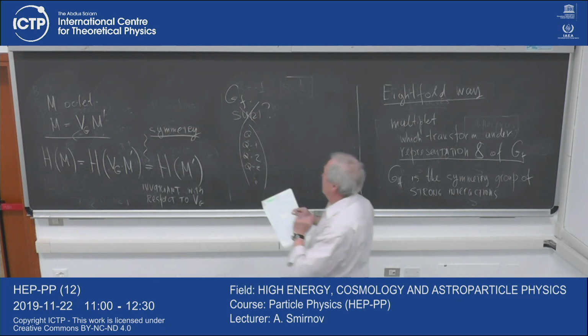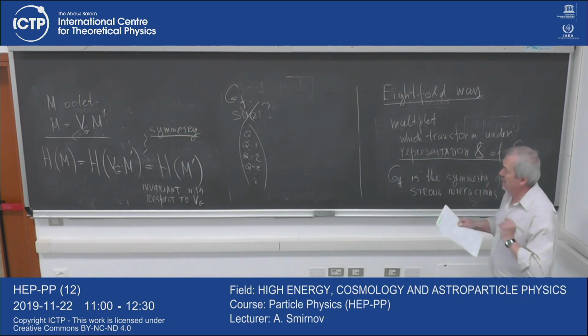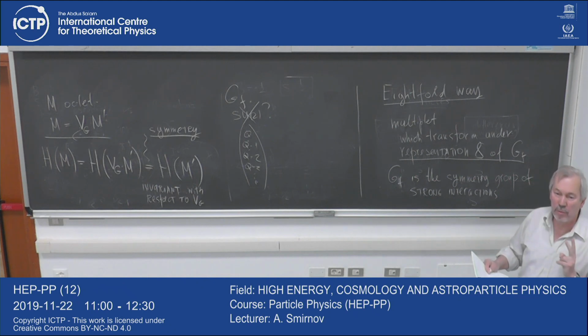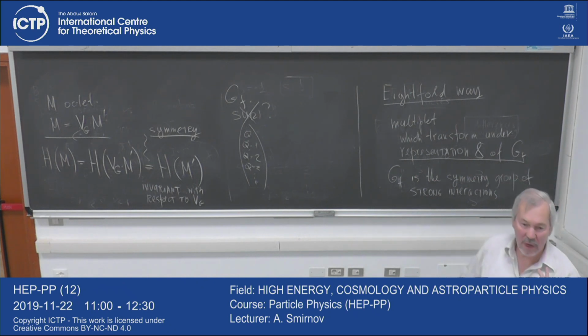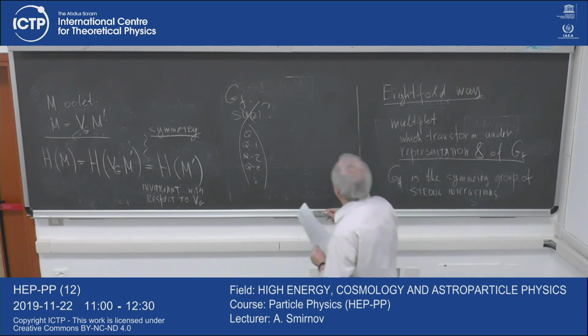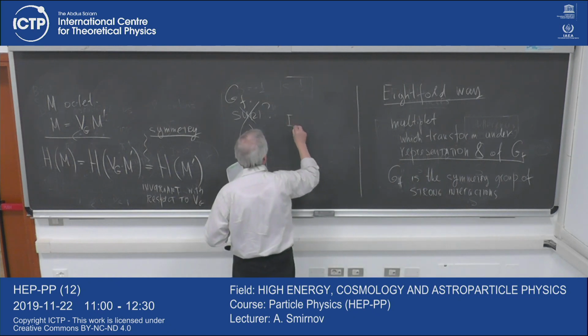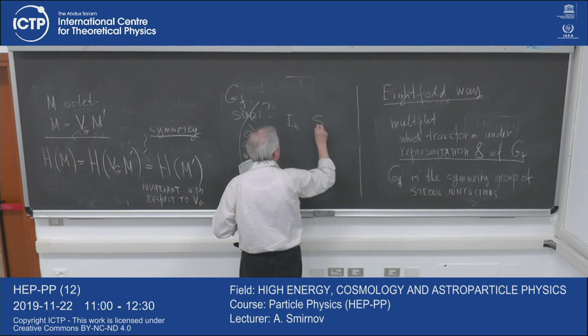There's another important feature of our families, that actually we have 2 quantum numbers, not just one, which classify these particles, right? So we have I3 and strangeness.